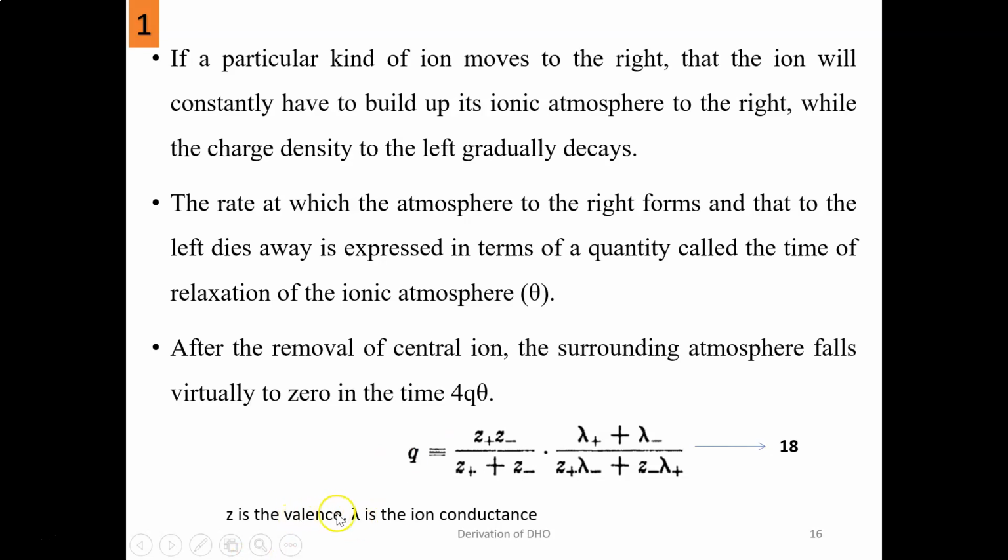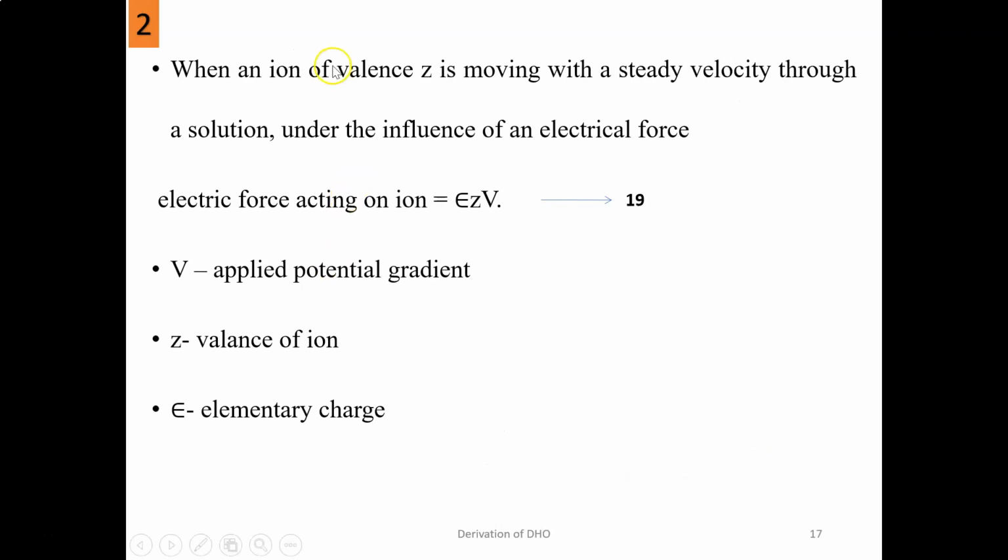Here z is the valency, and λ is the ionic conductance. For binary electrolytes, you can have the q value as 0.5. And when an ion of valency z is moving with a steady velocity through a solution under the influence of an electrical force, the electric force acting on the ion is εzV.